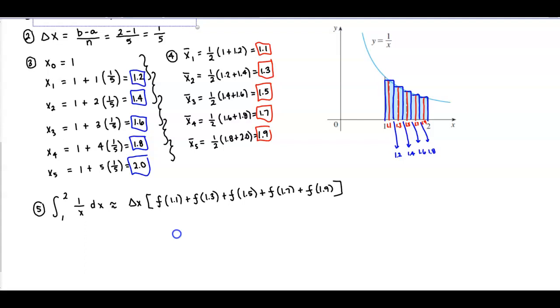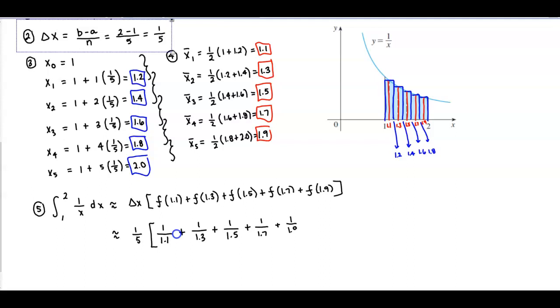We know delta x is 1/5. So if we plug 1.1 into the function, it's 1 over 1.1, plus 1 over 1.3, plus 1 over 1.5, plus 1 over 1.7, plus 1 over 1.9.